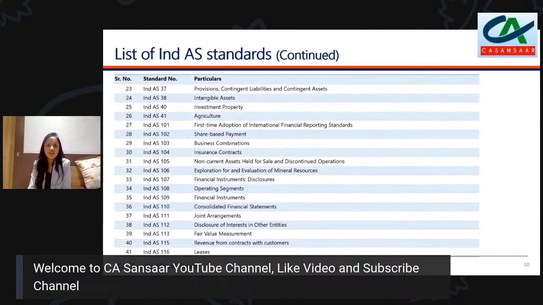If it is, there is a complete set of criteria on how to classify it, whether it is a financial asset, financial liability, or equity, how to measure it at a reporting date, and how to disclose it. The classification criteria are very extensive, and the disclosures are very extensive and critical. It is one of the most difficult standards under Ind AS or the IFRS regime.